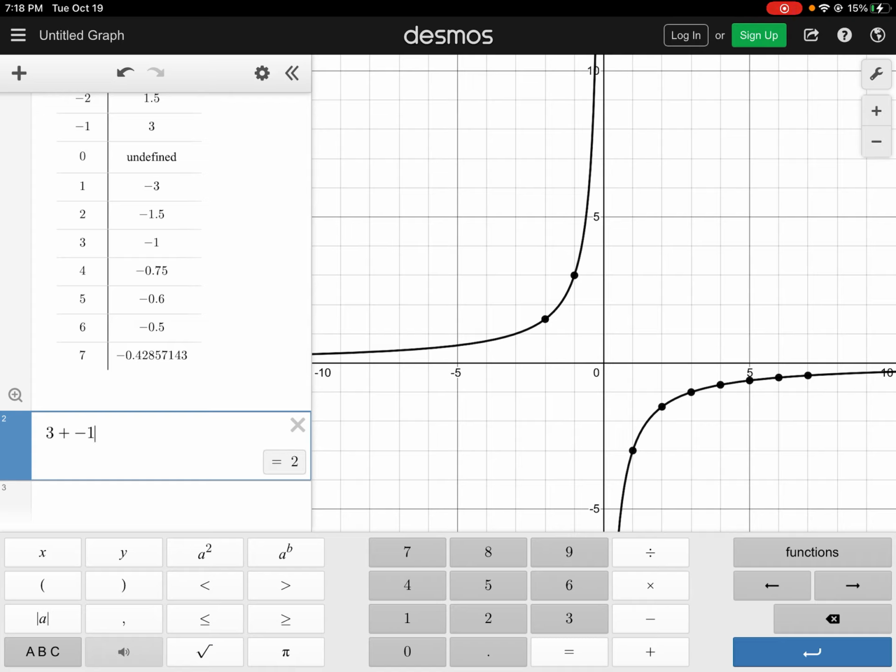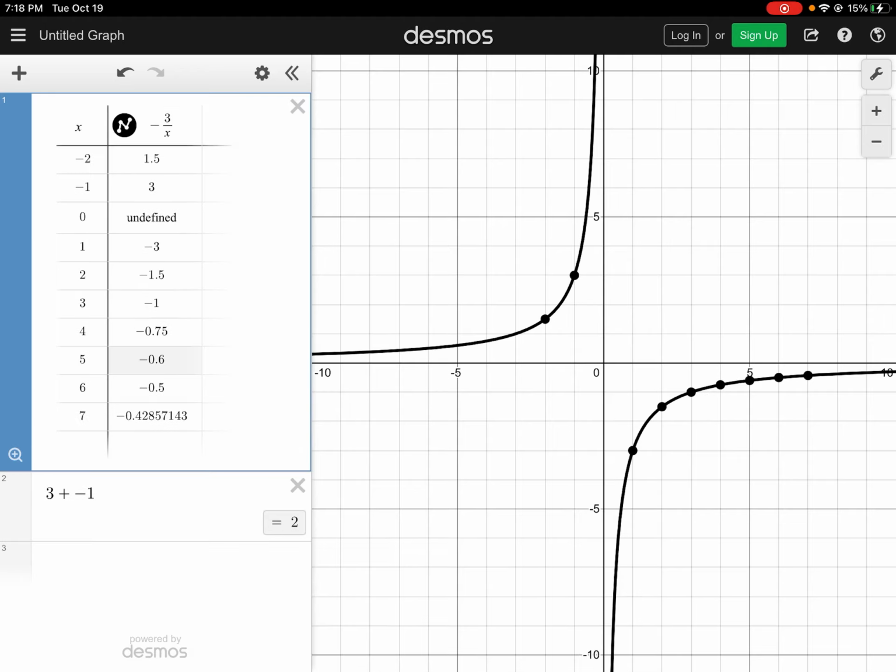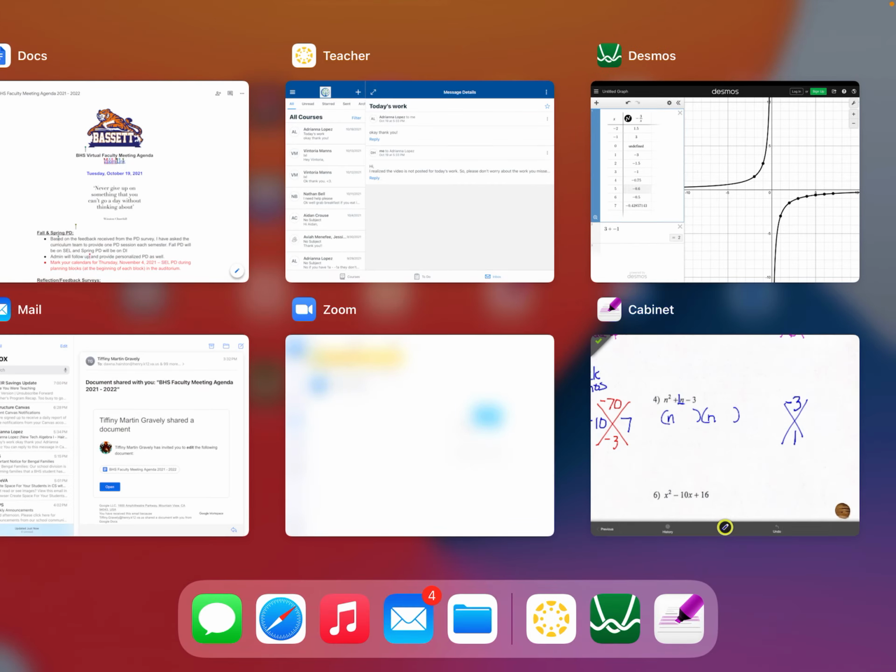Still not giving me what I want. I'm not going to use 4, 5, 6, or 7 because of the decimal. Because we're looking for factors of negative 3 that add up to positive 1.